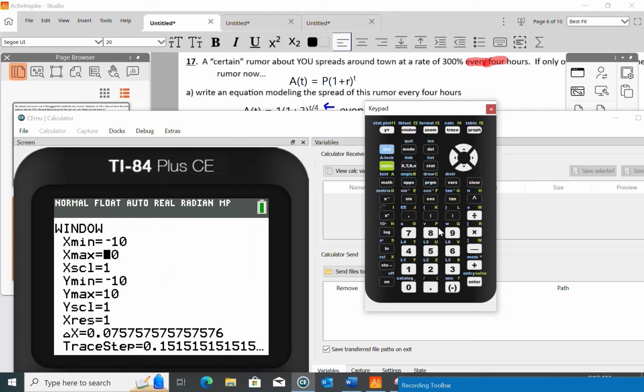Anyways, the X max, I don't know. Let's take it out 100 hours. There was 21,200 for the population, so let's put 23,000 or 22,000 in there. And hit graph.